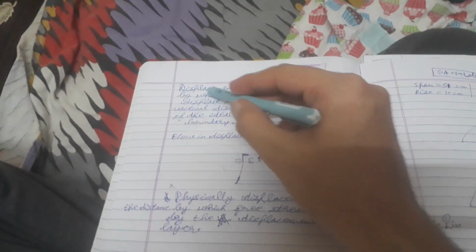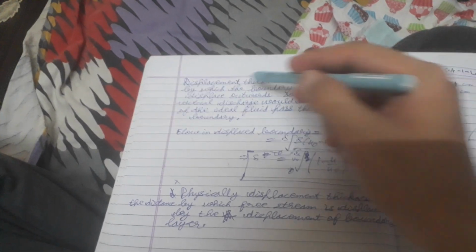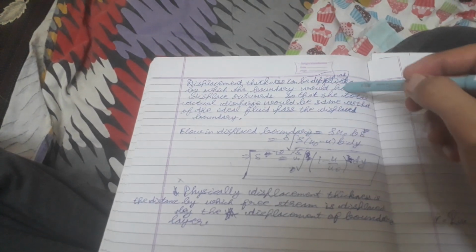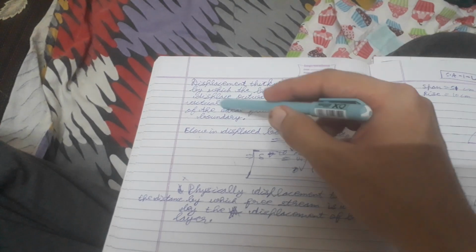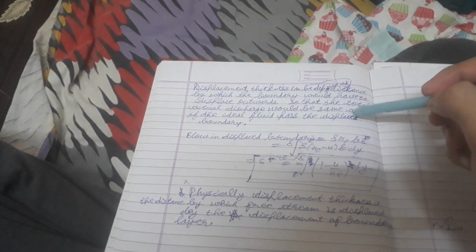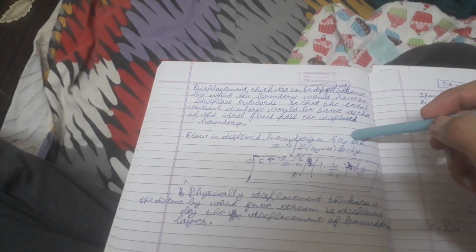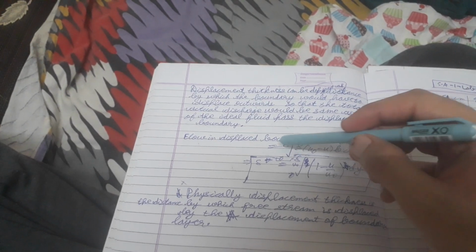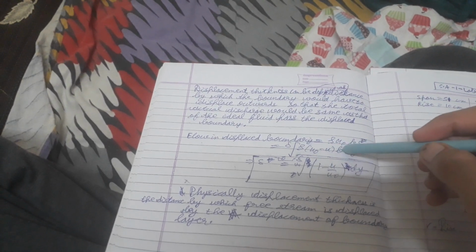Displacement thickness can be defined as the distance by which the boundary would have to displace outwards so that the total actual discharge would be the same as that of ideal fluid past the displaced boundary. Flow in displaced boundary is rho into u naught into b into delta star, equal to the integral from 0 to delta of rho into u naught minus u into b dy.